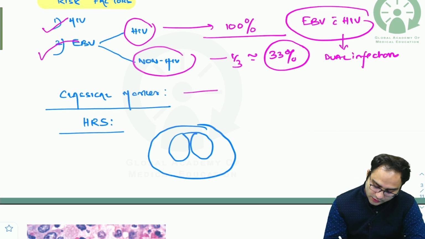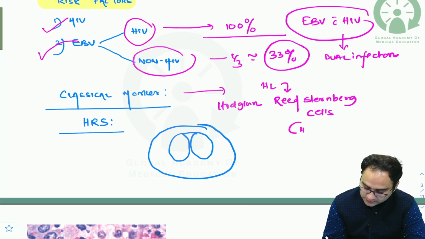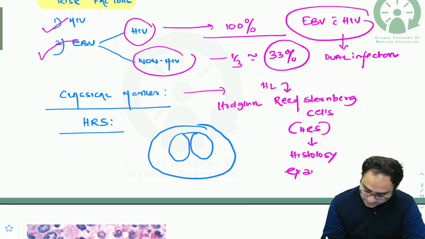Now guys, what you need to know is that in Hodgkin's lymphoma we have a presence of a classical cell known as the Reed-Sternberg cells, or the Hodgkin Reed-Sternberg cells, or the HRS cells, which you see in the histology examination.